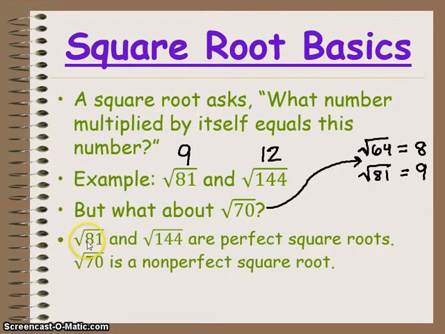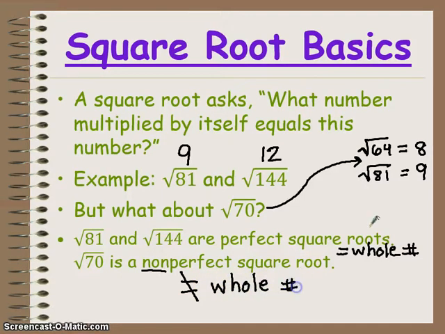So what we just talked about was the square root of 81 and 144 are called perfect square roots because they equal a whole number. And the square root of 70 is a non-perfect square root because it does not equal a whole number.